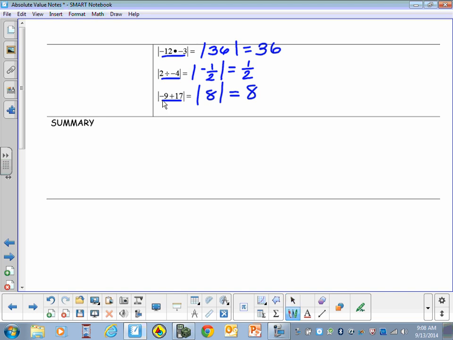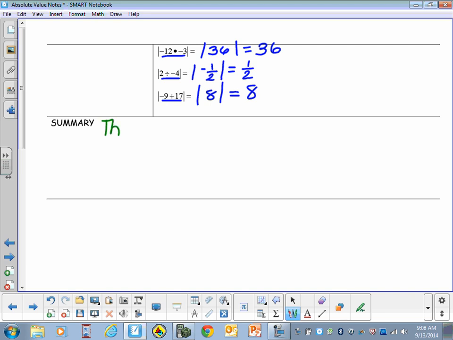This style of note-taking is called Cornell notes. We need to write a summary that wraps up the lesson and talks about what's important. So our essential question was, how do I find the absolute value of numbers and variables? Our summary needs to answer that question.